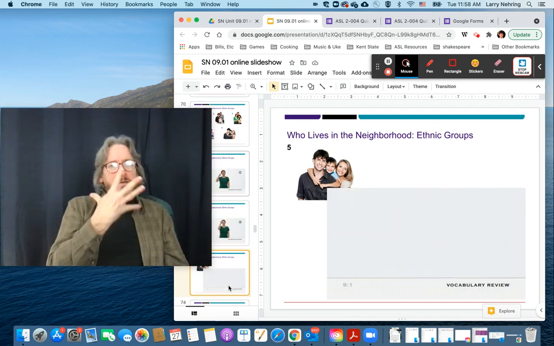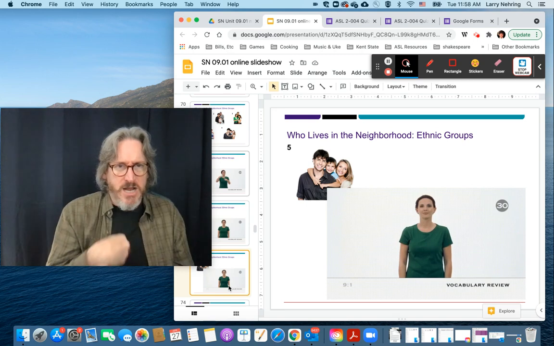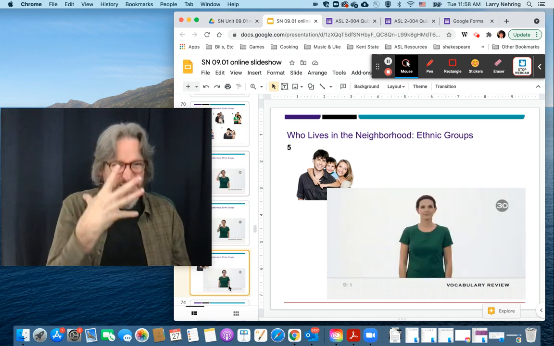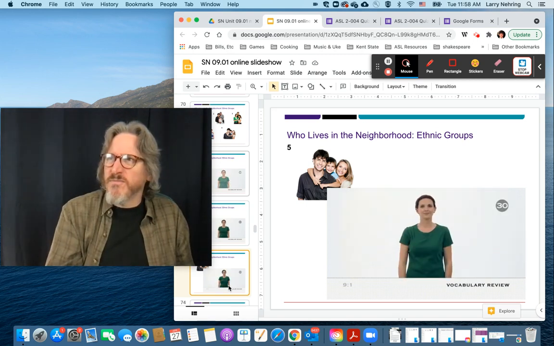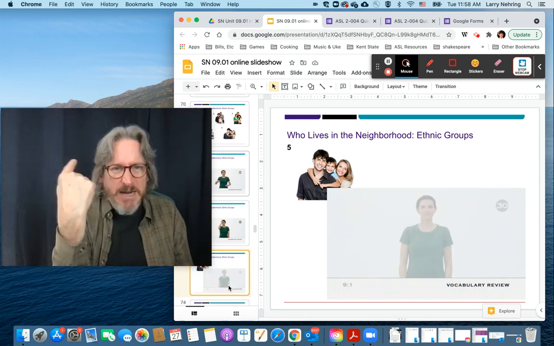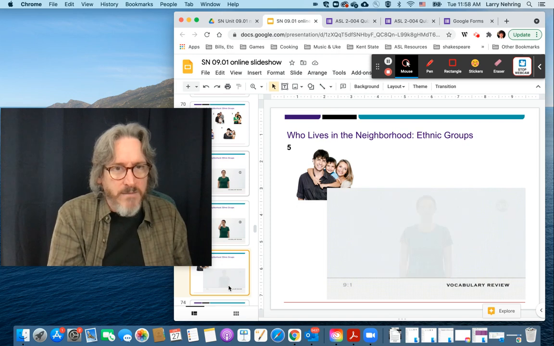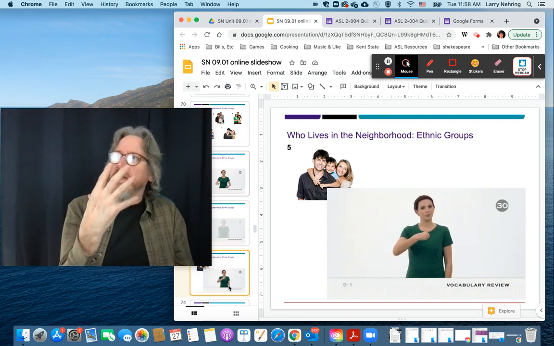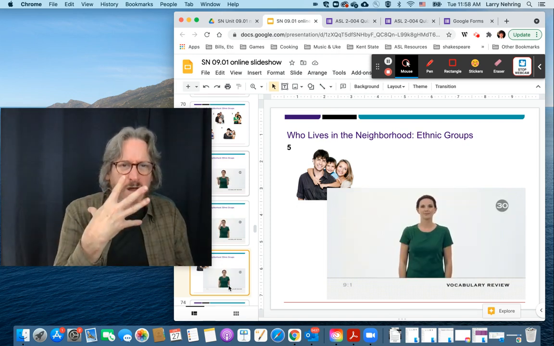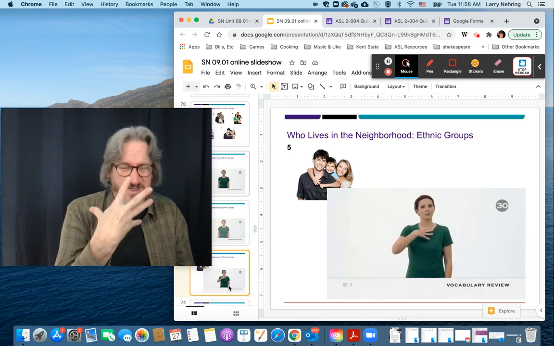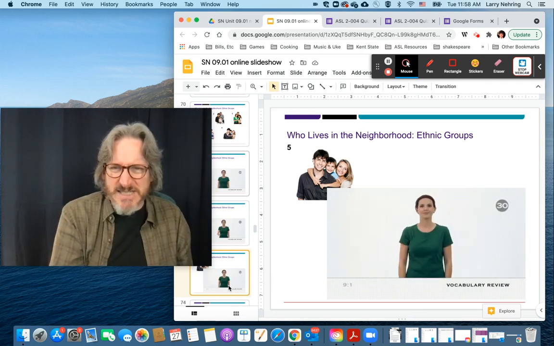White. Now, some people don't like to sign this, like white face, because it doesn't really apply. You don't sign black face. Well, yeah, obviously. But this is the only one where there's that sort of flick to the face.